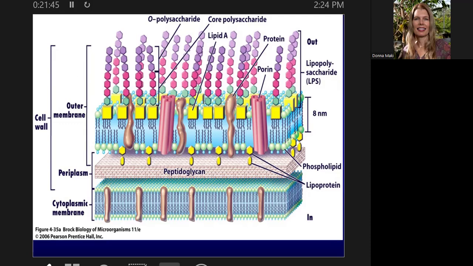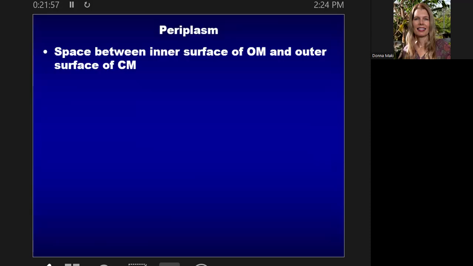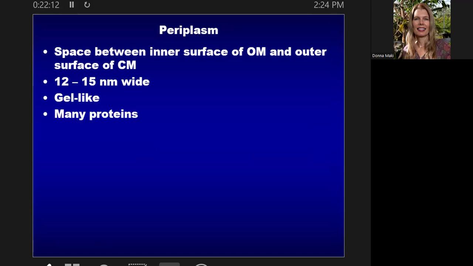Then the other thing to think about is the periplasm. Before we get to the actual cell membrane itself, we have to think a little bit more about the periplasm, which is just a physical area. It's a very busy area. It is 12 to 15 nanometers wide, and it's very gel-like because there's so much stuffed in there. Lots of proteins and enzymes, lots of molecules coming in and out of the cell through that area.